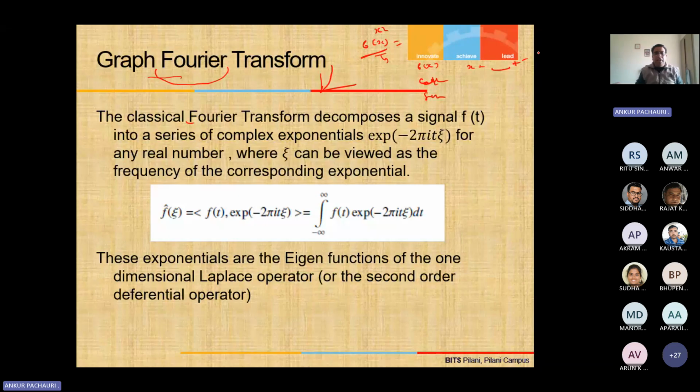But ultimately we were converting the function, whatever our differentiable function, into some form of waveform, some repetitive, or we can say periodic function.